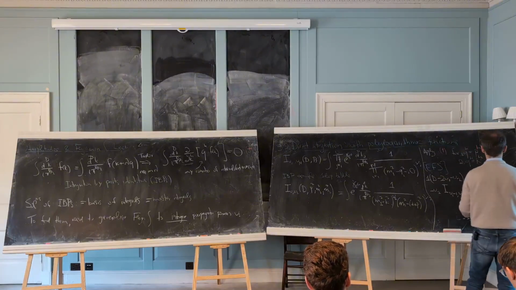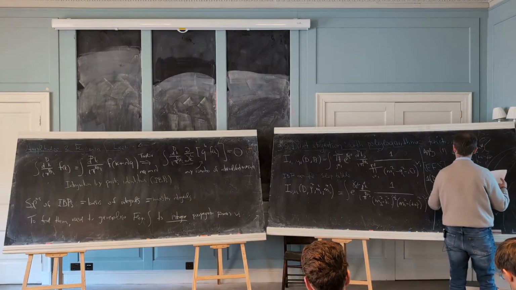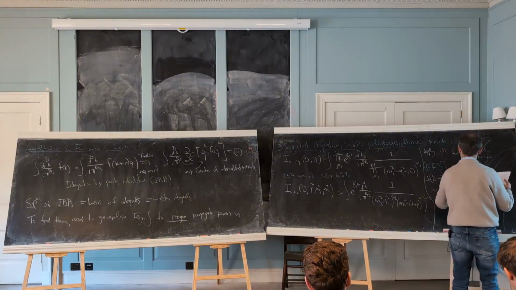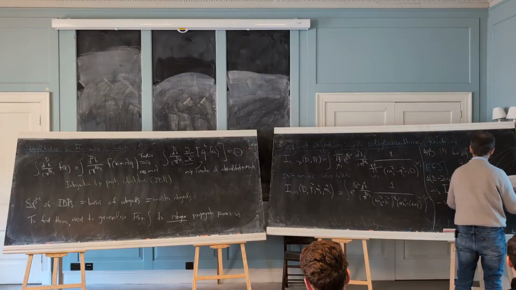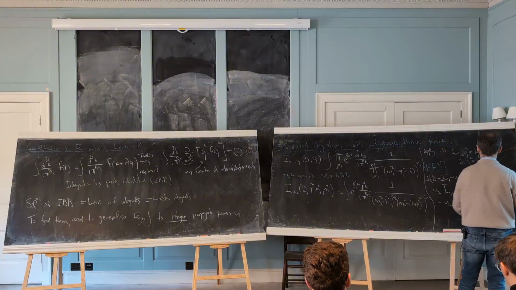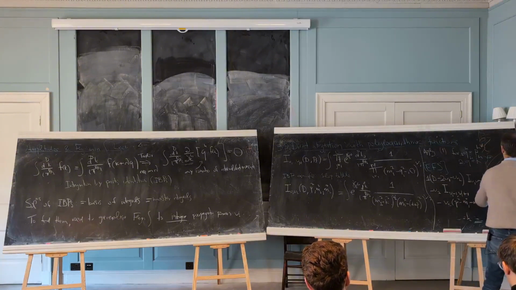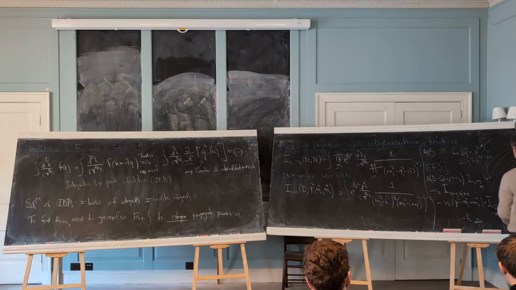Yes, very good. And then you get also minus nu 2 times p squared minus m1 squared minus m2 squared, times I nu 1, nu 2 plus 1.